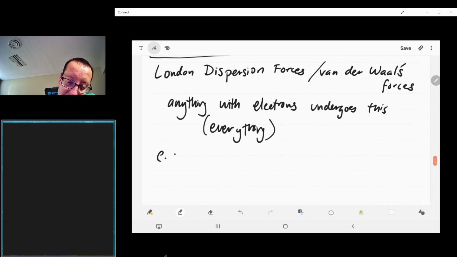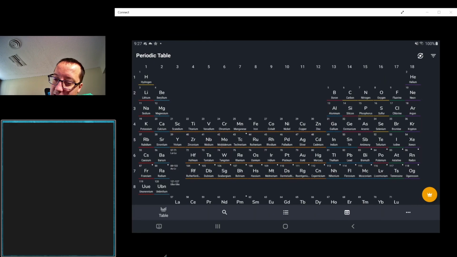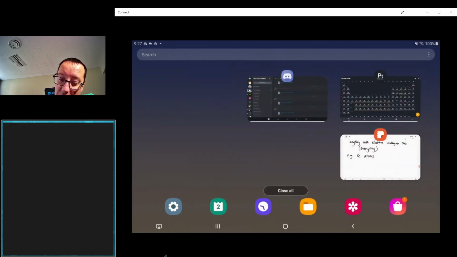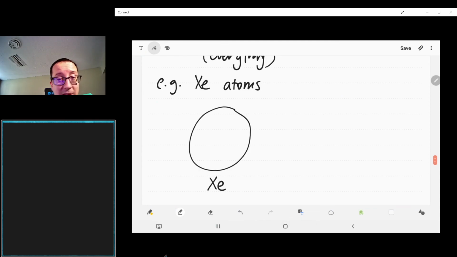So let's take a look at some xenon atoms. Xenon, if we take a look at our periodic table, has 54 electrons. It's got quite a few. It's a big atom, relatively speaking. It's still a noble gas, so it's relatively small compared to other things in its row, but of course, compared to something like helium, it's much larger, right?